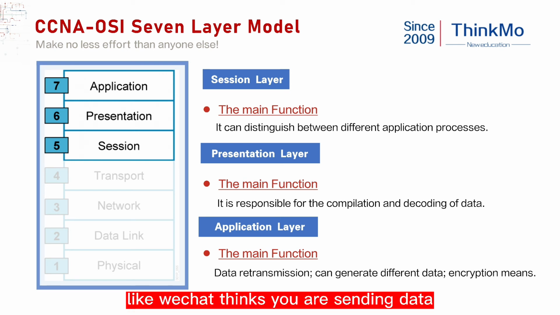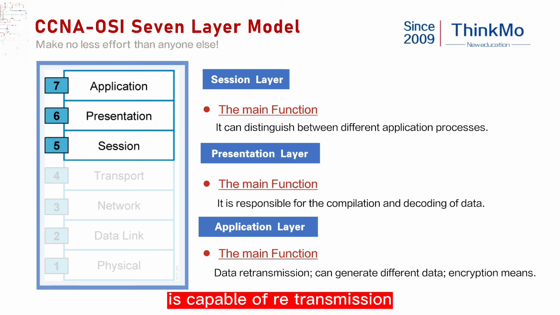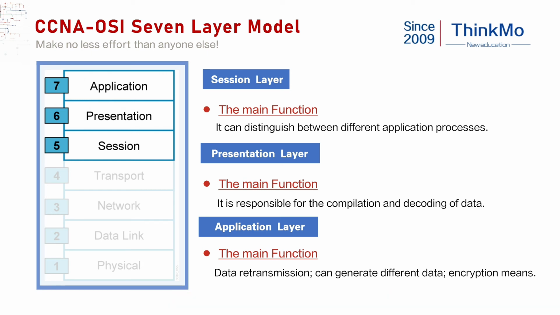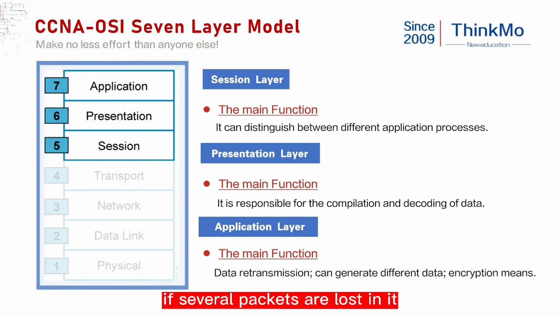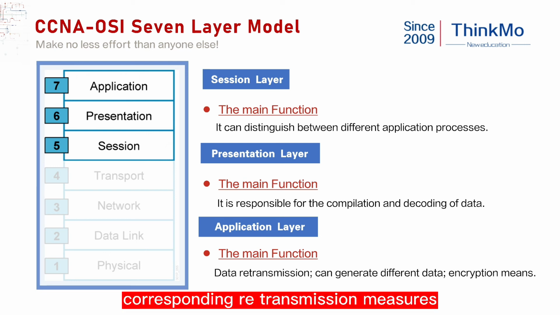Like WeChat thinks that data you send, or some voice messages sent, are capable of retransmission, so they provide the corresponding button. If you are making a voice call and several packets are lost, the network gets stuck a few times, they see no need for retransmission. They won't give you corresponding retransmission measures, and you lose this data completely.